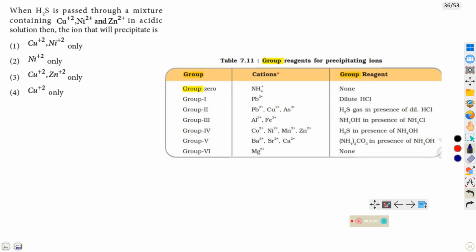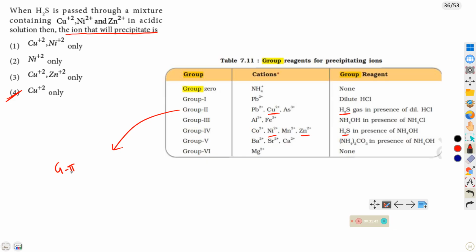When H2S is passed through a mixture containing Cu2+, Ni2+ and Zn2+ in acidic solution, which ion will precipitate? Cu2+ ions are precipitated. Why? Because Cu2+ ions belong to group 2.